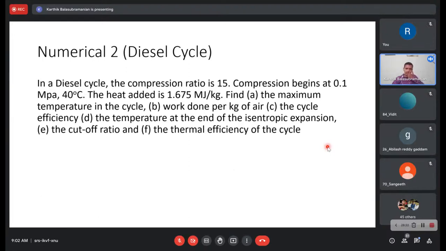Yeah. There is another problem. You just note down the problem, you can solve it later on. Just note down this problem, you can solve later on.